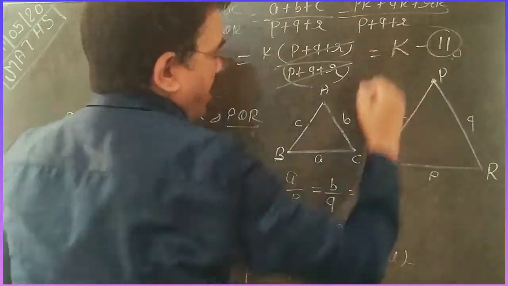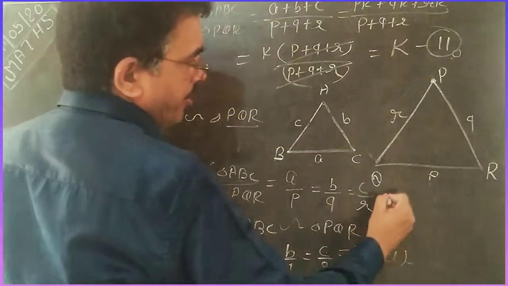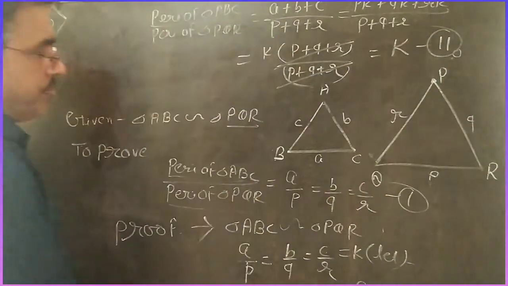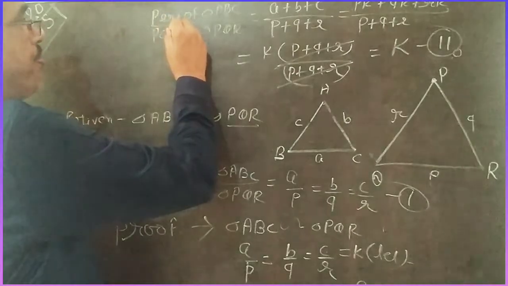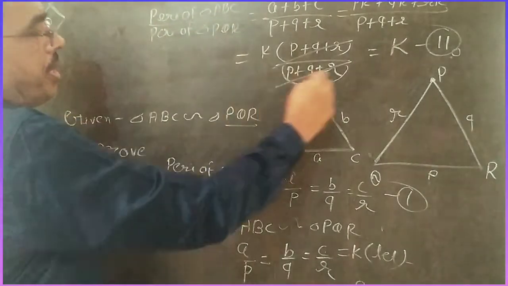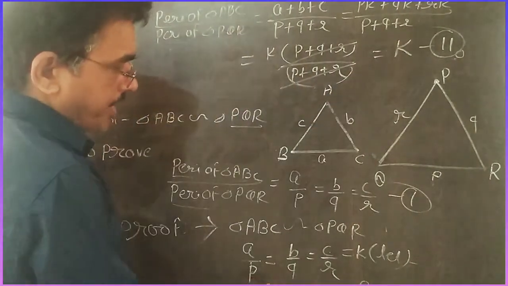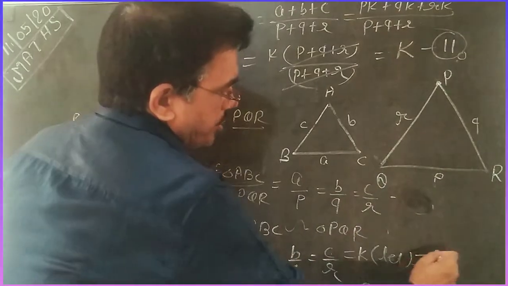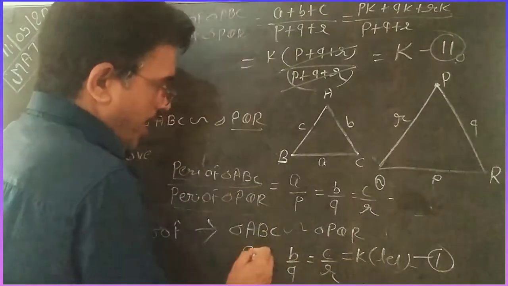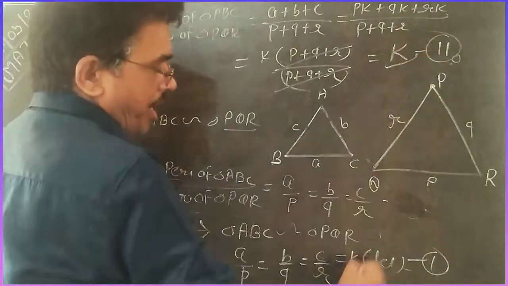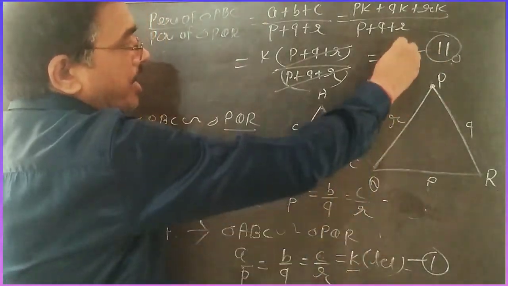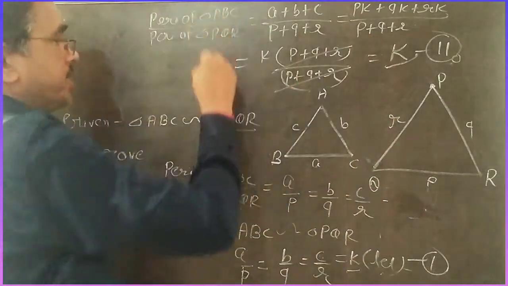That is equation second and it is equation first. So perimeter of ABC by PQR is equal to k, and the ratio of the sides a by p, b by q, c by r is equal to k. It is k and it is also k. That means RHS is equal, so LHS will be equal.